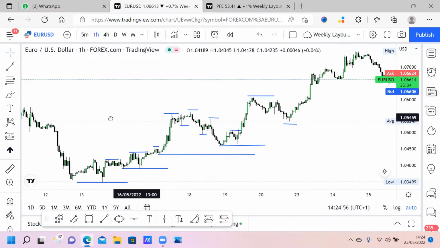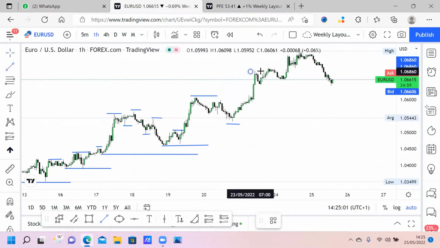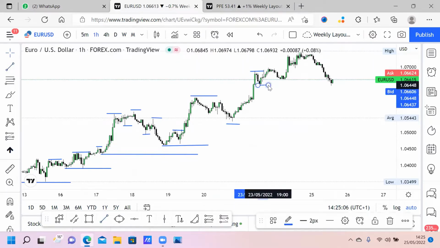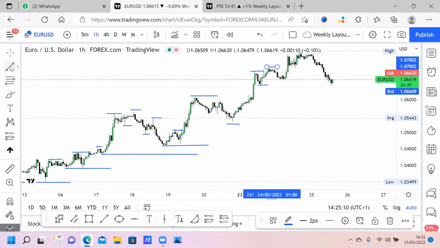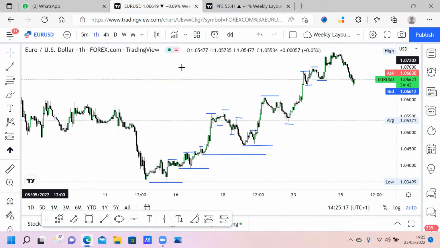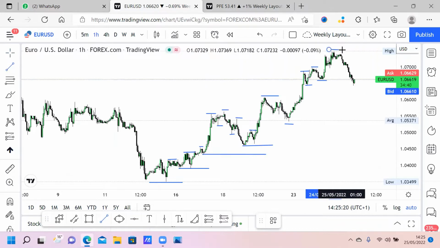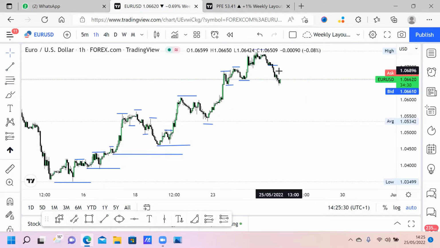If you now look carefully here, it's making a higher high, but it made a higher low. Now it made a higher high, made a higher low. Now it's making a higher high, but it made a higher low, but it's no longer making higher highs.